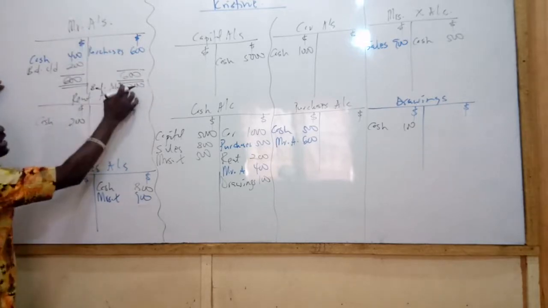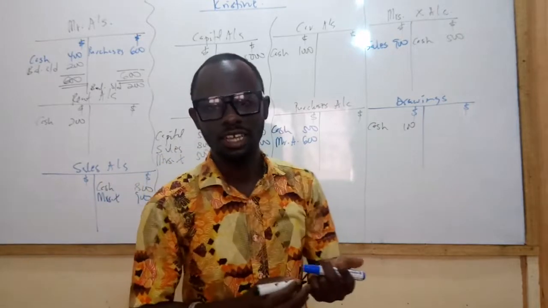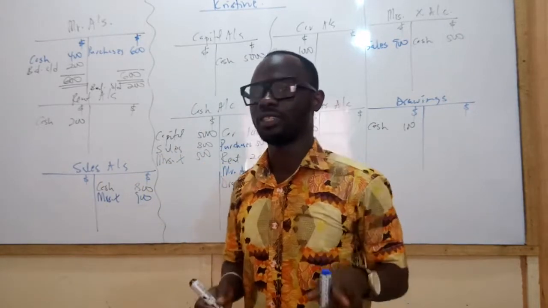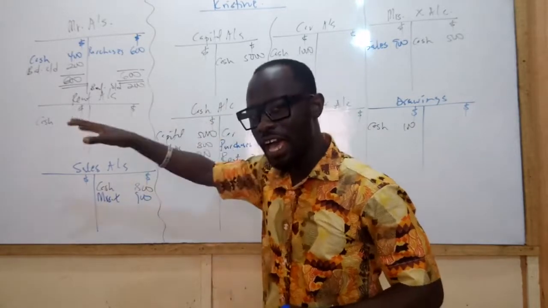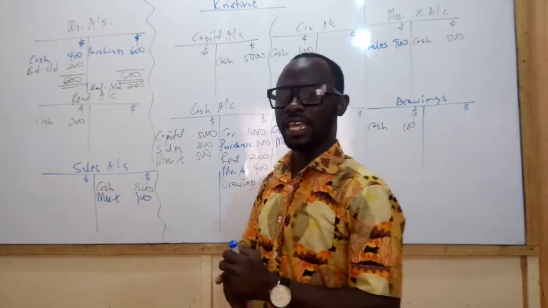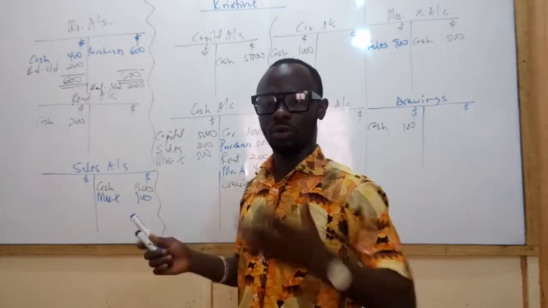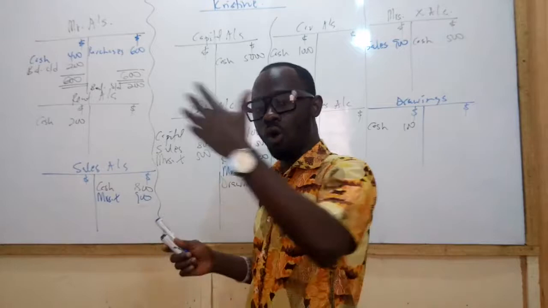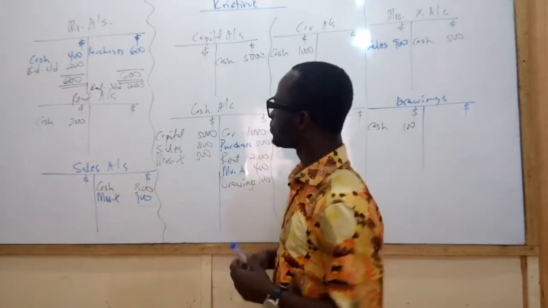So you see that the balance brought down is on the credit side. That is why we say creditors keep a credit balance. Okay, that's what you need to understand. But where a creditor keeps a debit balance, meaning they owe us, traditionally we are supposed to owe them, but if they now owe us, then certainly they are going to be keeping a debit balance.